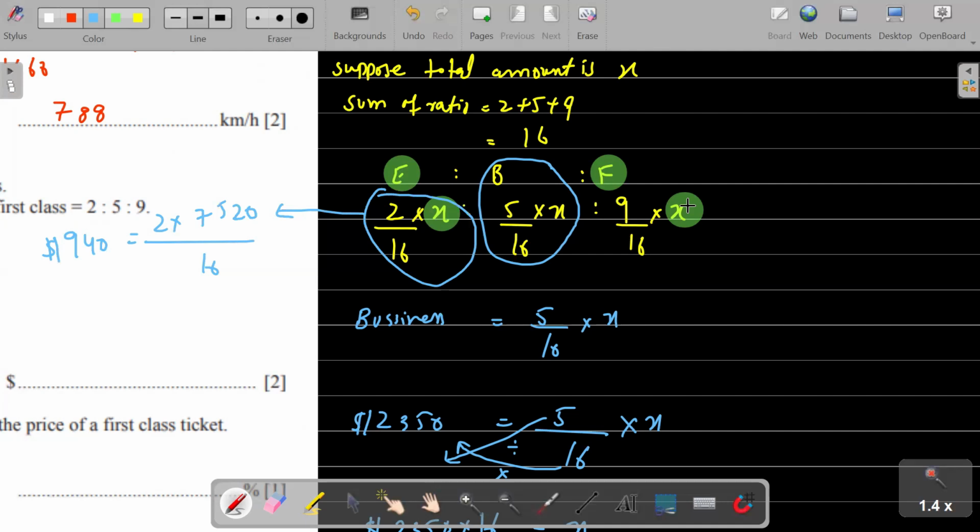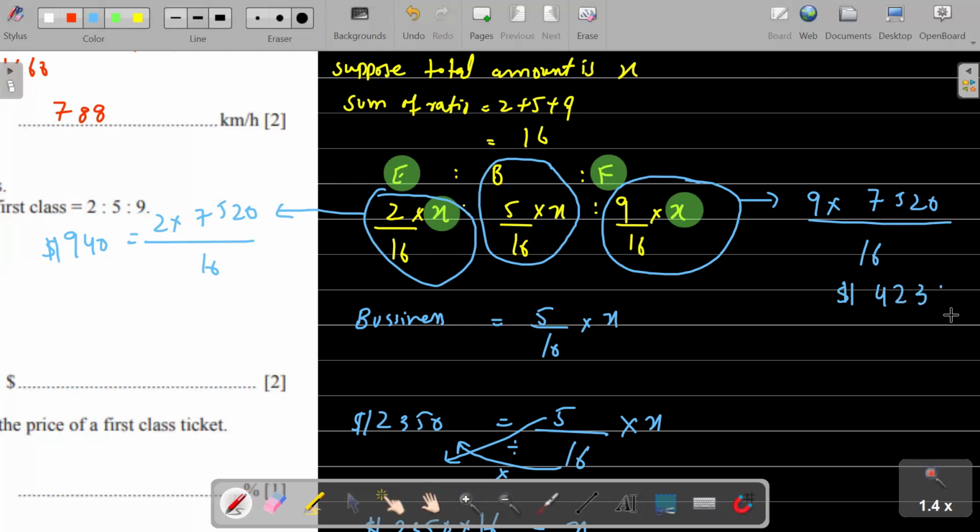And now let's calculate our first class: 9 times $7,520 over 16, and it will be $4,230.